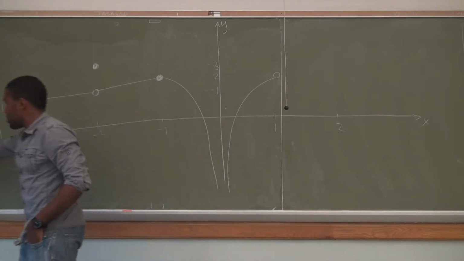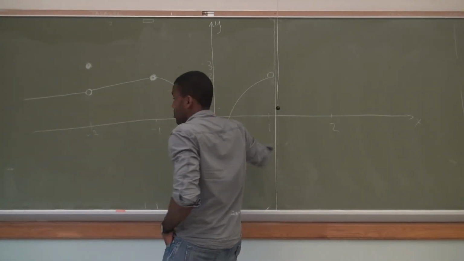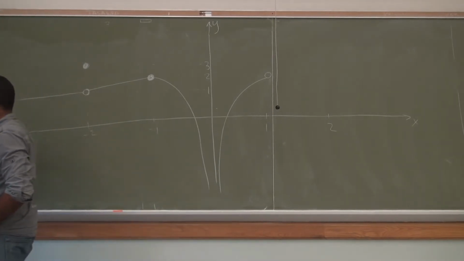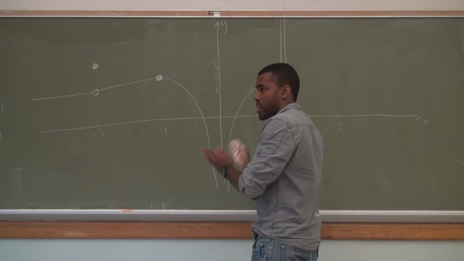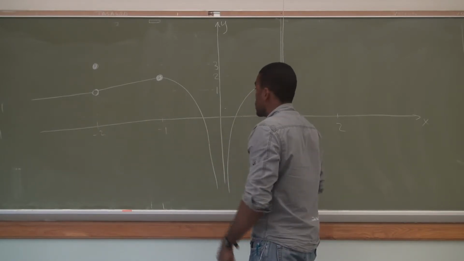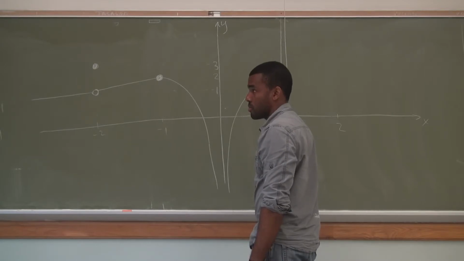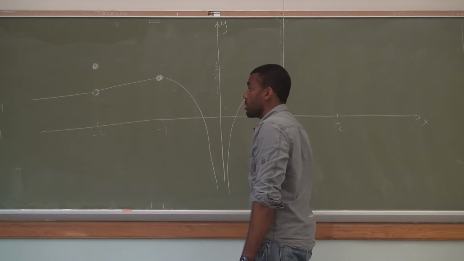At -1, I just plug it in here and find the y value, which is 2. And at 1, I plug it in here and that would be 2. So if you want to know where to stop graphing, you just plug in the endpoint so you know how far you have to go. Whatever number you get, that's the y value that you start at.